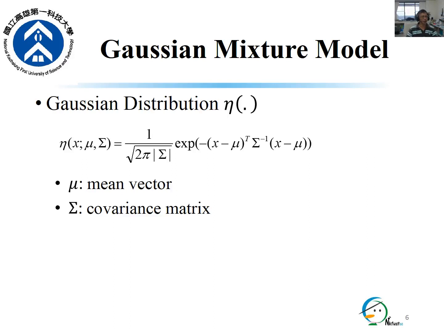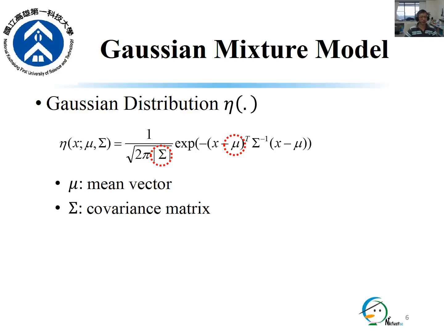If an n-dimensional random variable x follows a Gaussian distribution, its probability distribution can be expressed as this equation, where mu is the mean vector and capital sigma is the n by n covariance matrix.